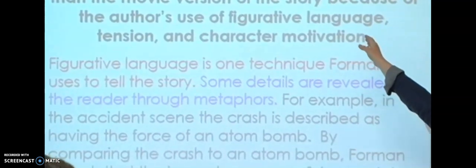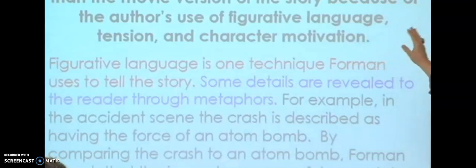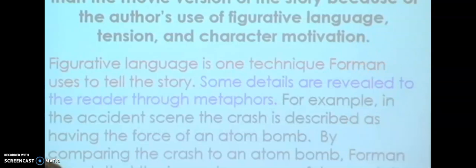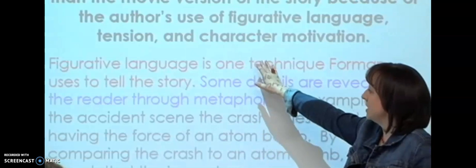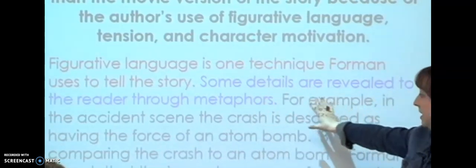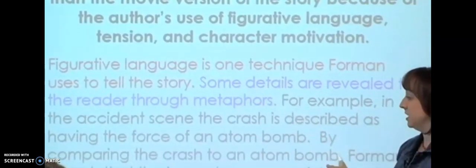So if I use this claim for the If I Stay essay, that the book is more effective than the movie, then I'm going to have to add something at the end. I have my topic sentence, I introduce my evidence, I explain the evidence in paraphrase form here, and then I show what that evidence means.